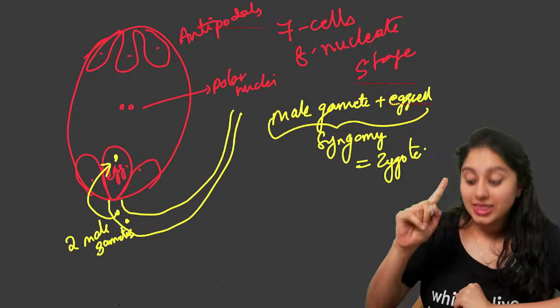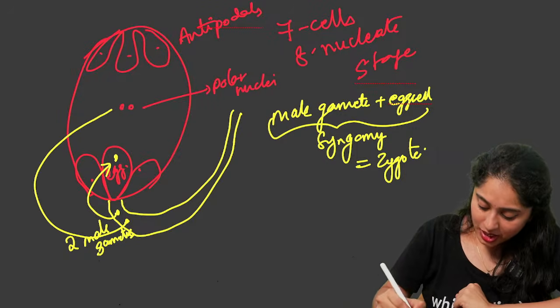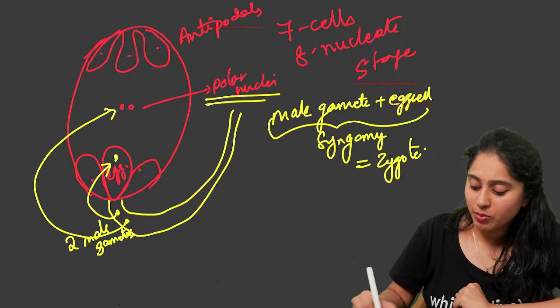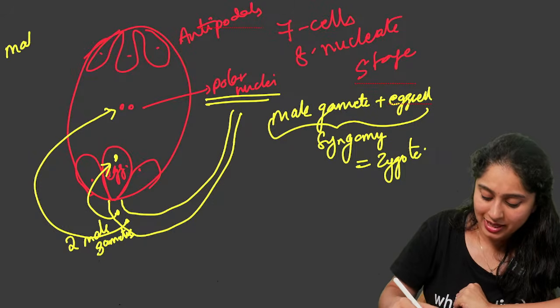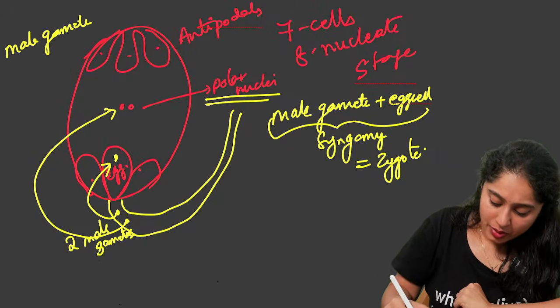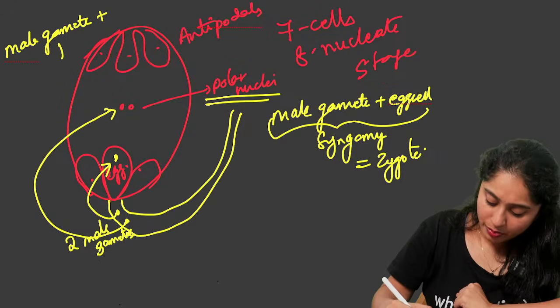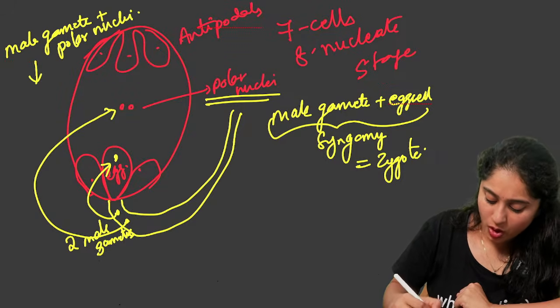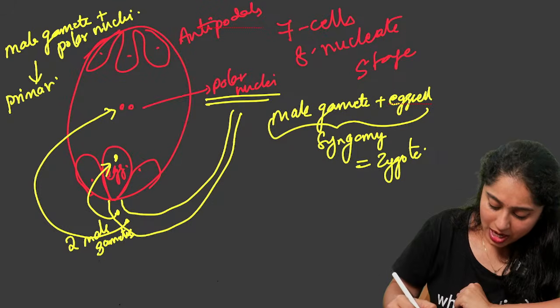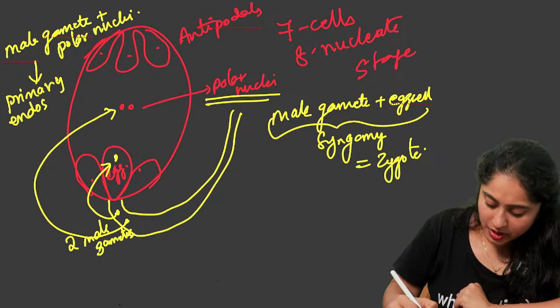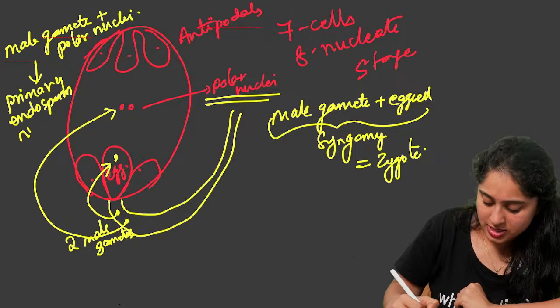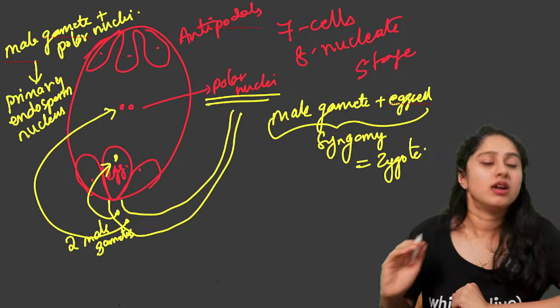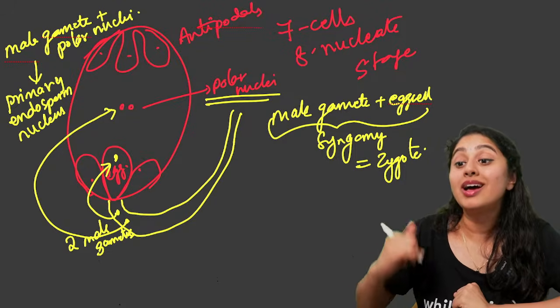Then the second male gamete is going to fuse with the polar nuclei. Male gamete plus the polar nuclei is going to form the primary endosperm nucleus, which is going to form the endosperm.